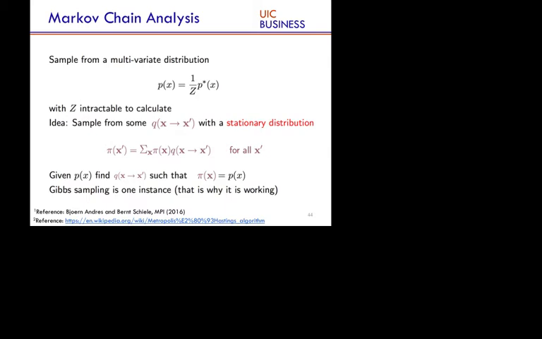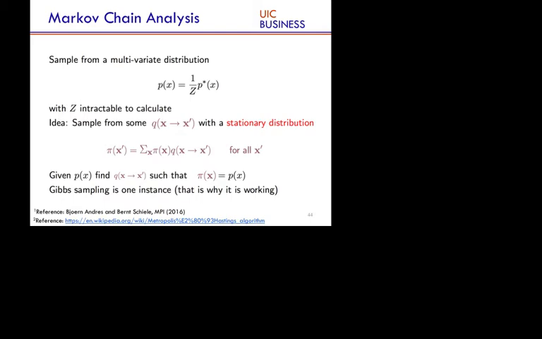So Q of x to x prime is just the probability of going to some specific realization x prime given the current state x. That's why it's a conditional distribution. It will have 64 numbers that sum up to 1. Pi is also a distribution, but it's not a conditional distribution; it's a marginal, the probability of x taking value x.